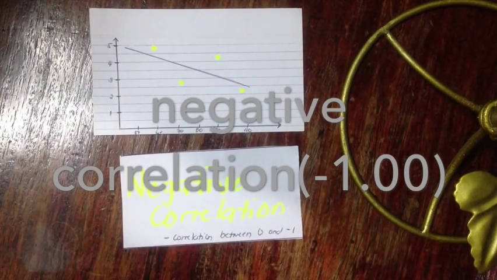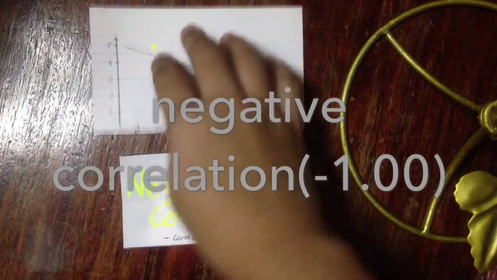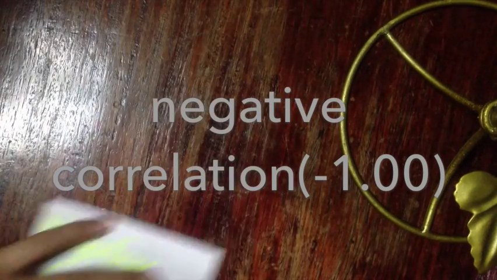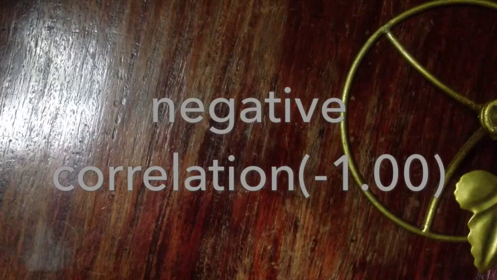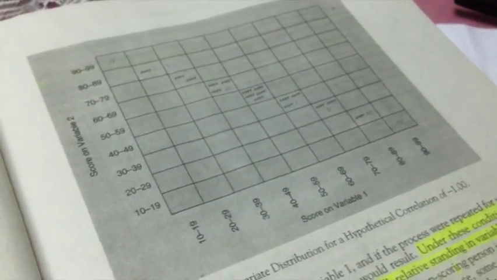It is a complete reversal of scores from one variable to the other. In negative correlation, you will see the relationship between two variables such that as the value of one variable increases, the other one decreases.